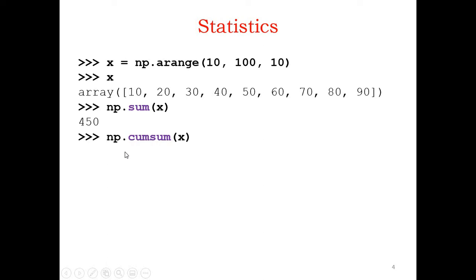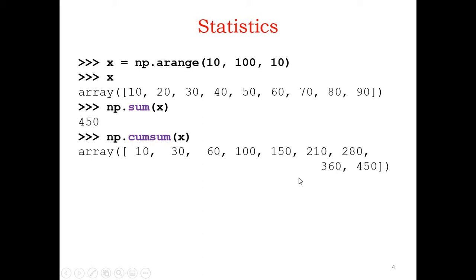If you write cumsum, it is the cumulative sum. So it becomes 10, and then 10 plus 20 is 30. Then 10 plus 20 plus 30 is 60, and so on. So it is the cumulative sum.